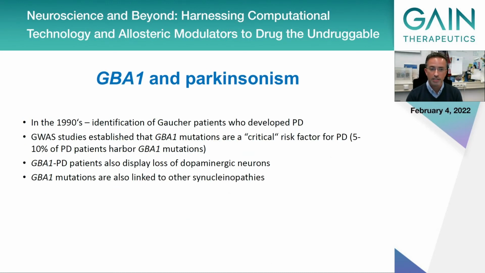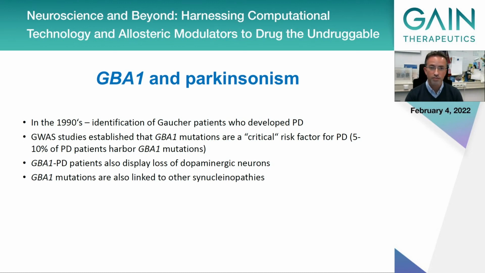And next slide, please. This connection between Gba mutations and Parkinsonism came to the prime light in Parkinson's research because in the 90s, researchers identified Gaucher patients who developed Parkinson's disease later on in their lives. Then the GWAS studies established that Gba mutations are one of the strongest risk factors for the development of Parkinson's disease, and these account for 5 to 10% of Parkinson's disease cases.